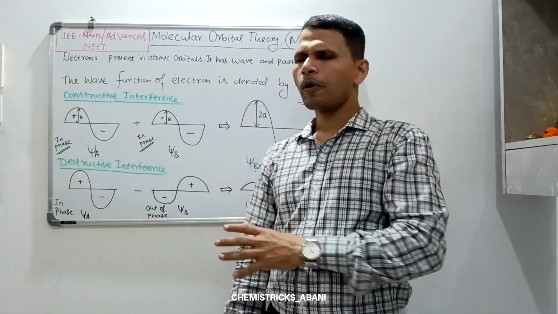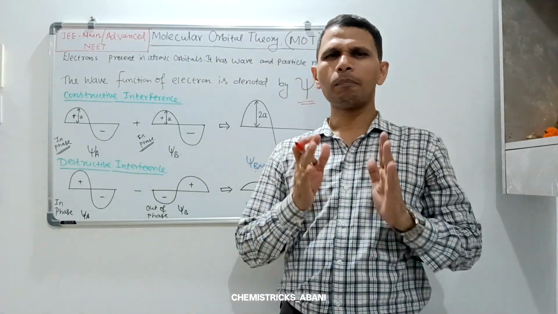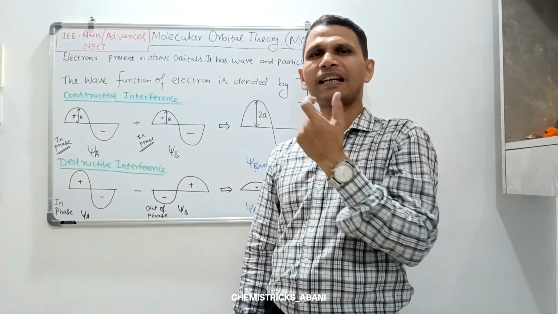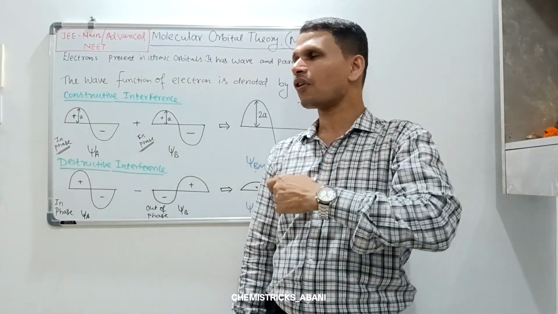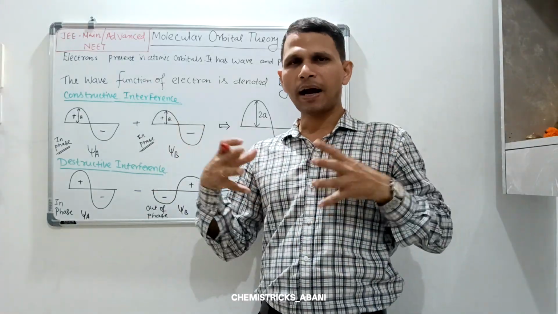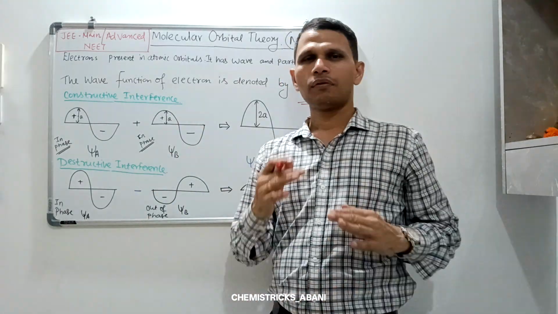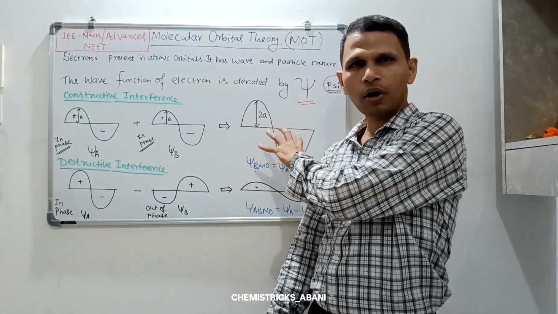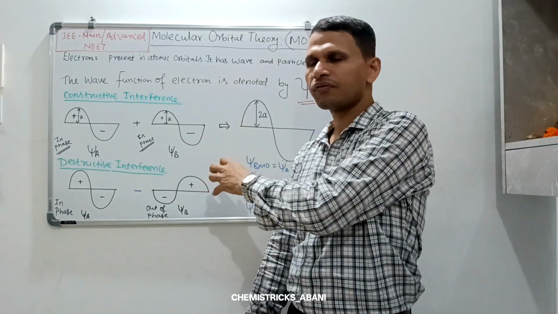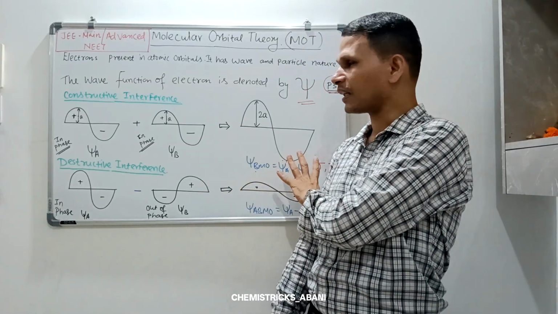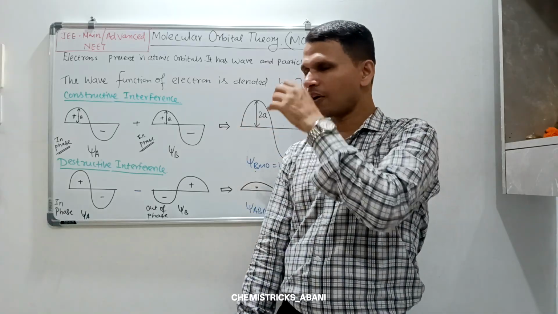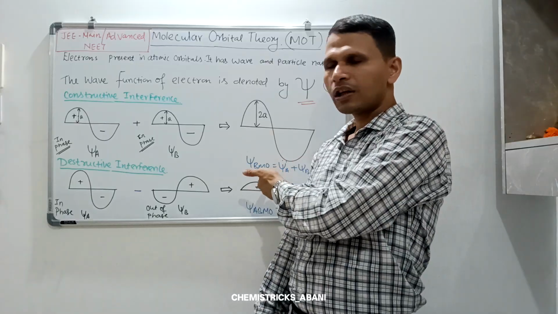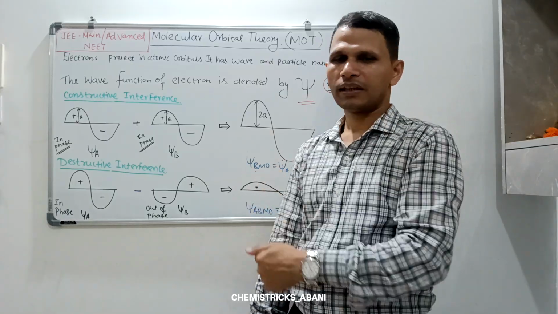So any type of molecule is always formed by combinations of atomic orbitals, and atomic orbitals have electrons. Electron has wave nature and a wave function. When combined, there are two ways. One is addition. By addition of wave function, it forms bonding molecular orbital. By subtraction of wave function, it forms antibonding molecular orbital. This way, the wave functions of two atoms combine and they form either bonding molecular orbital or antibonding molecular orbital.